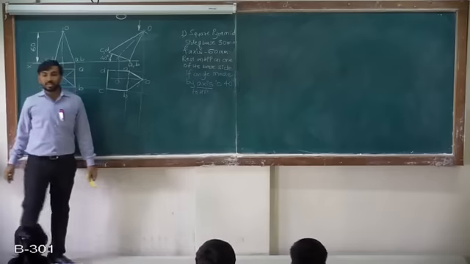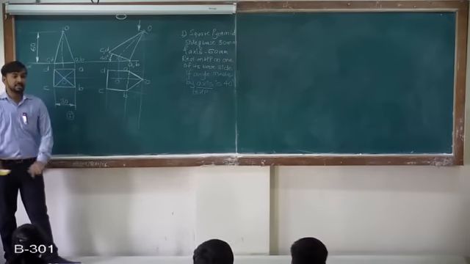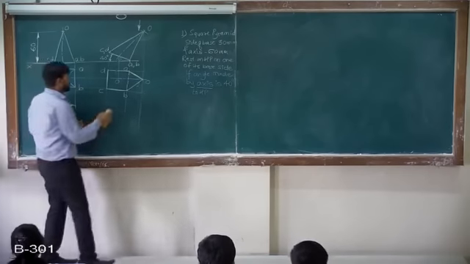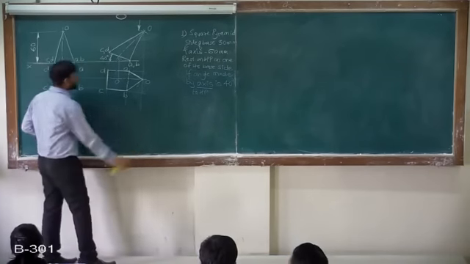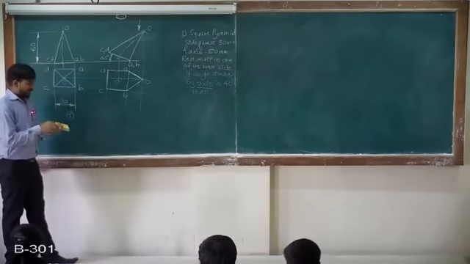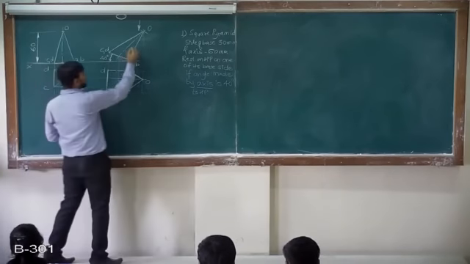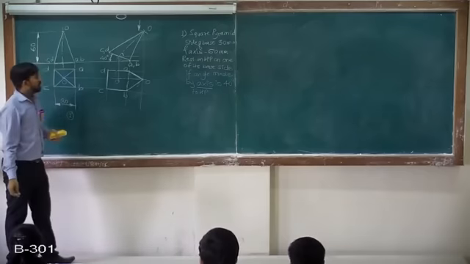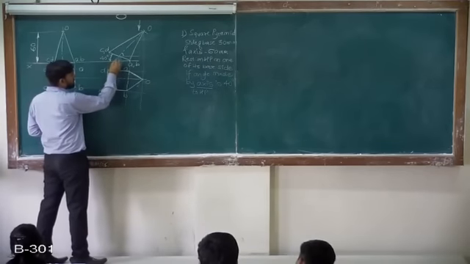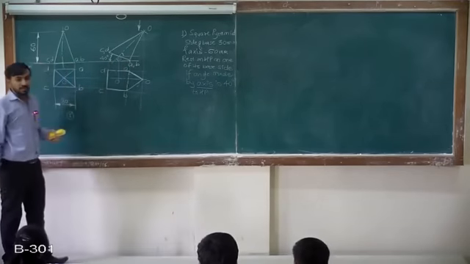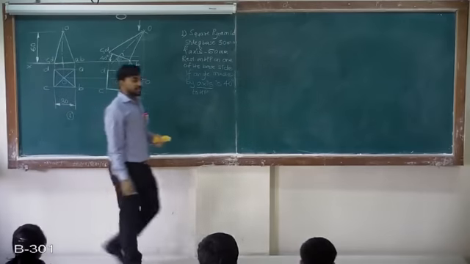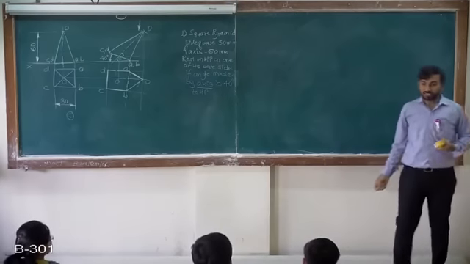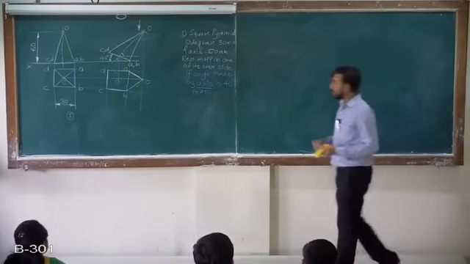If the angle made by axis is 40 degree, what will be changed in the second stage? This is the axis, so this angle is 40. When I extend it, this angle will again be 40. So I need to calculate, or you can take directly, the angle made by base. So what should be the angle made by base?